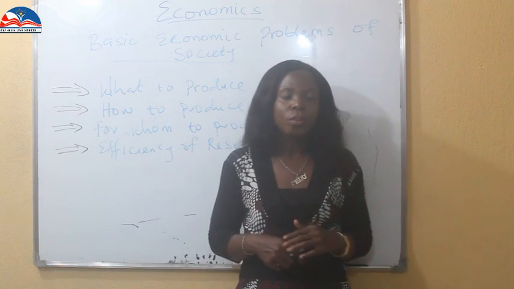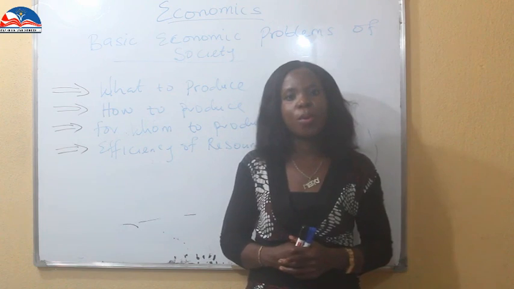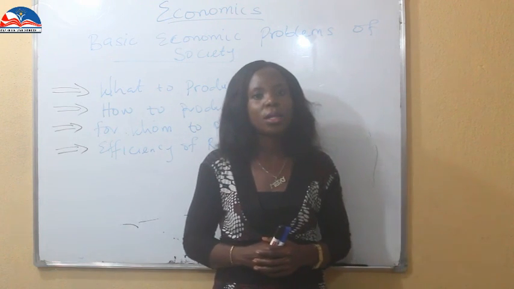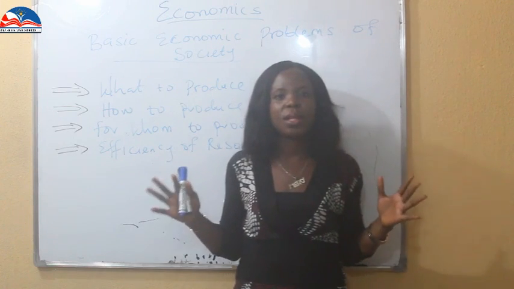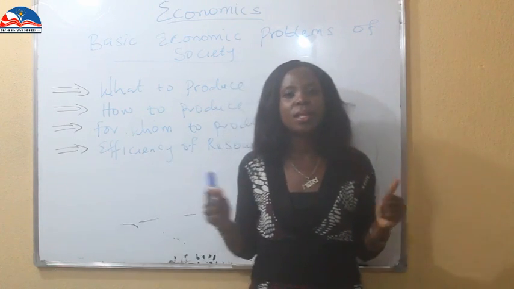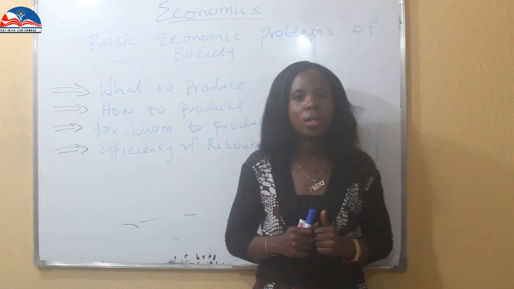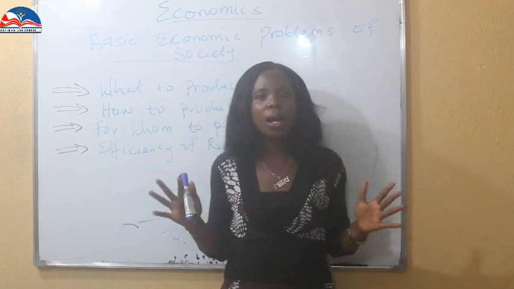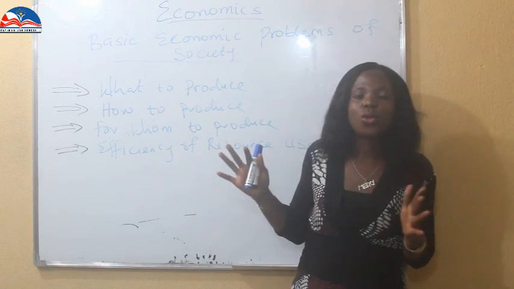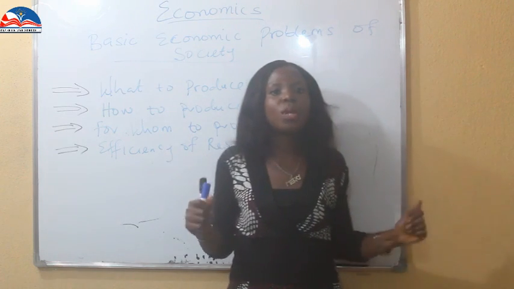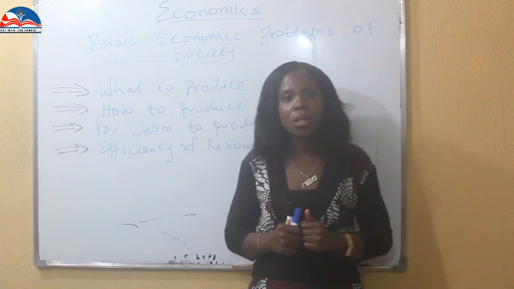Now, when we talk about basic economic problems, we are just looking at those things that can help us produce goods and services to meet the needs and tastes of customers. What are those things we'll look at to help us know how to get resources to meet the needs of the customers?